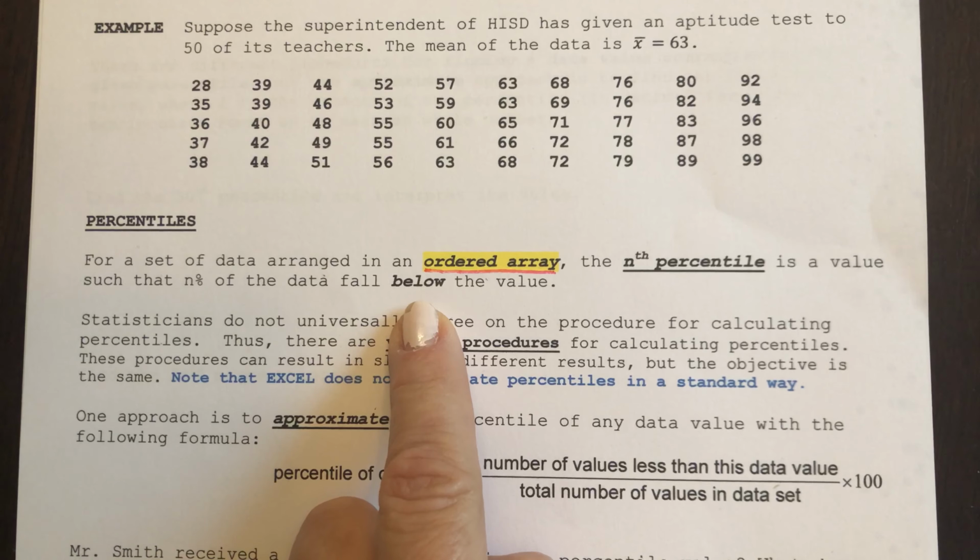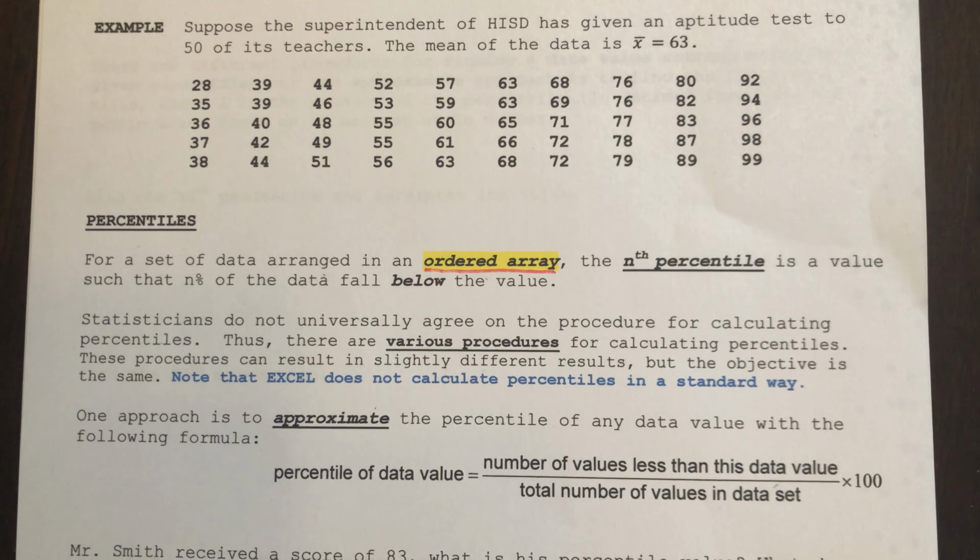In some books you'll see "at or below," but we're going to stick to this definition of below, which is the most common.